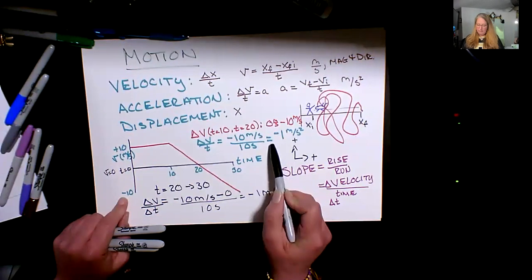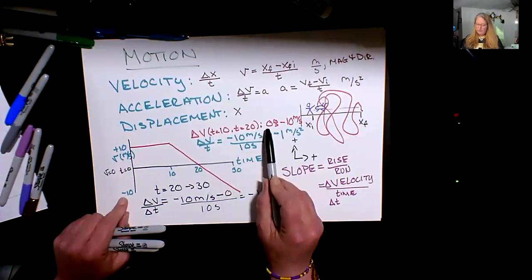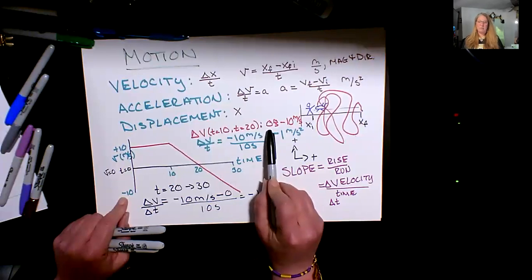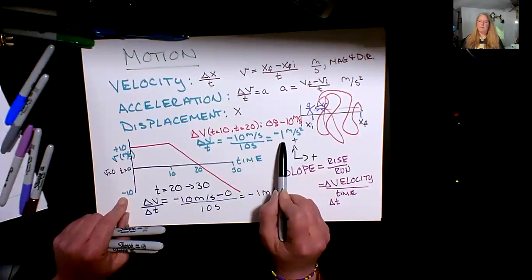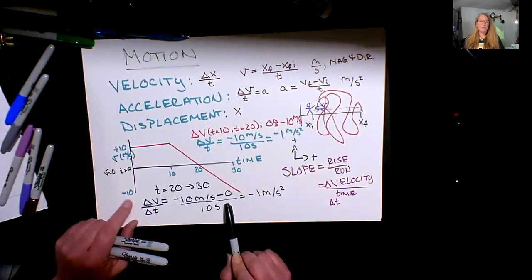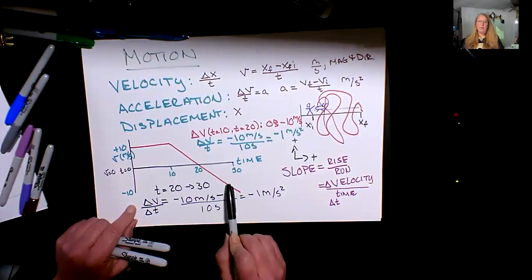This one is negative because I started with 10 meters per second and I ended with 0. This one I'm slowing down and I have a negative acceleration. This one, I have a negative acceleration, but I'm speeding up.